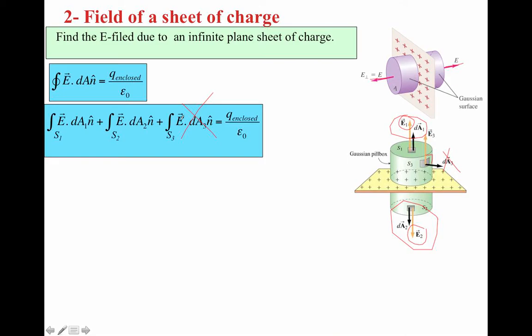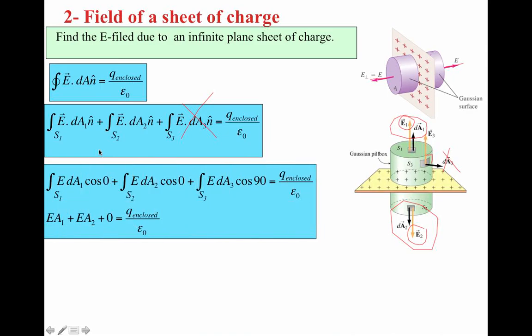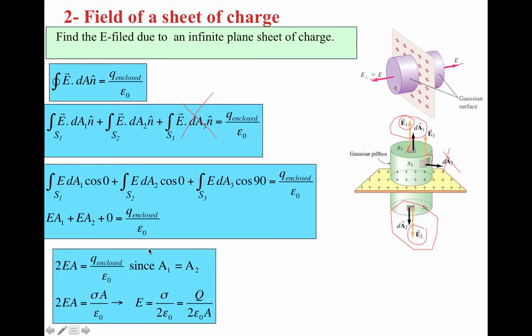The angle is 90 between E and A, and these two caps will give me 2 contributions, EA1 and EA2, and the curved one will give me 0. The areas of the two caps are the same, A1 is equal to A2, so it's simply 2EA equals Q enclosed divided by epsilon.